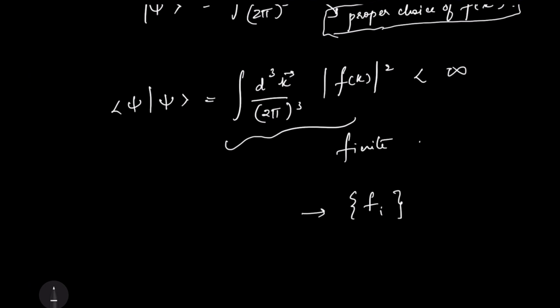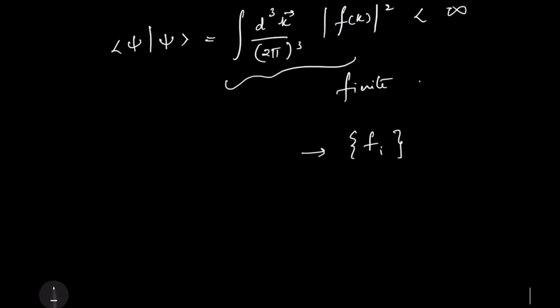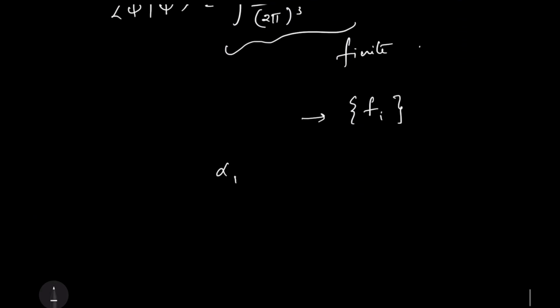So we choose a basis of fi and then define alpha i equal to the integral of d cube k by 2 pi cube fi of k acting on k.